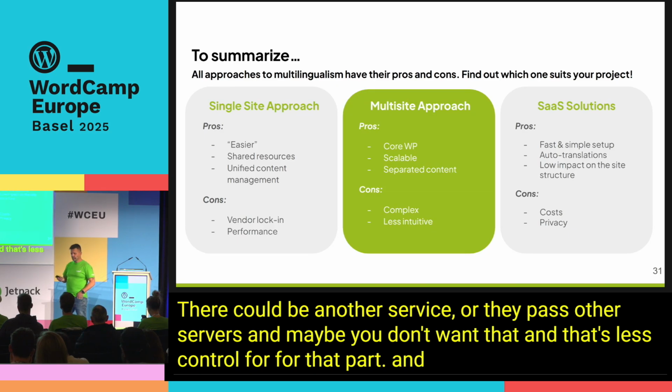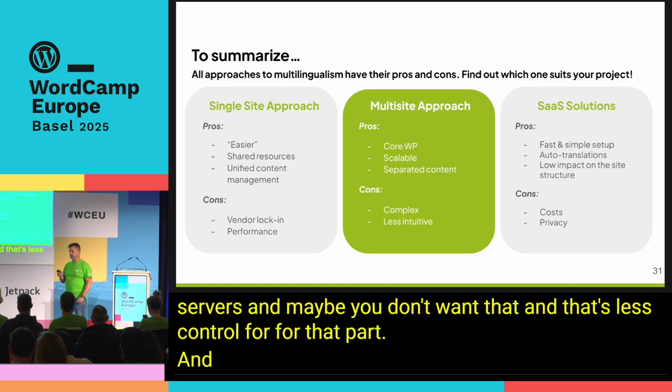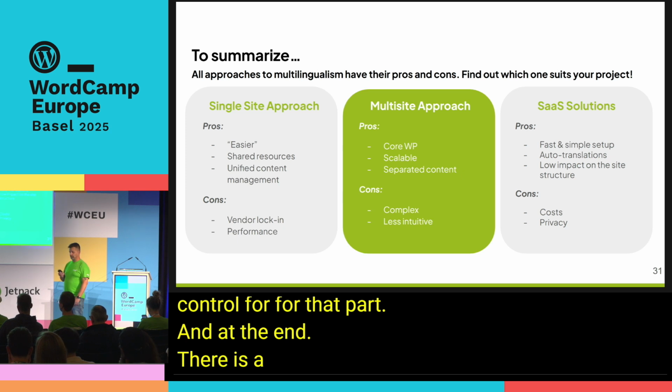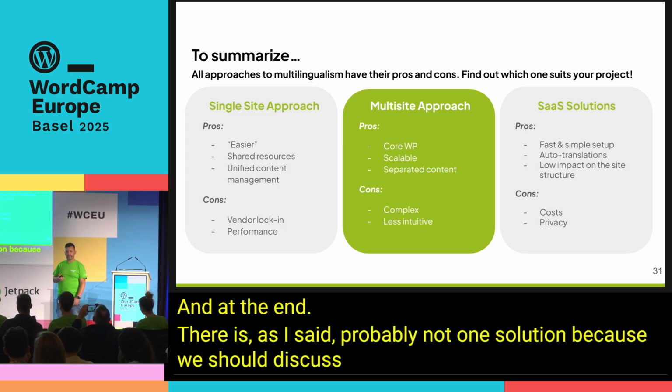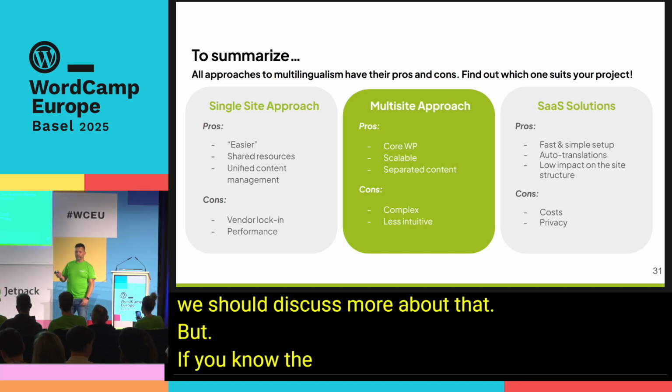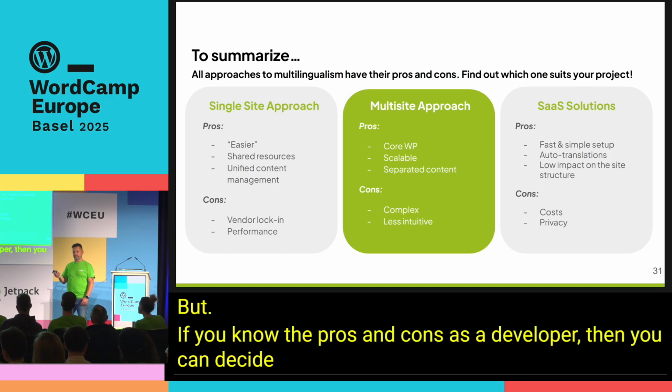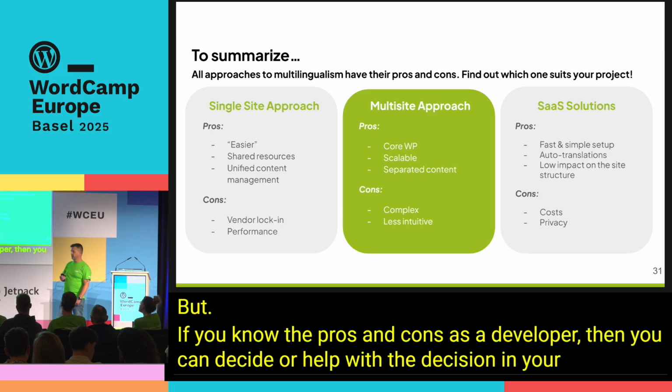And in the end, as I said, there is probably not one solution, because we should discuss more about that. But if you know the pros and cons as a developer, then you can decide or help with the decision in your team on what to use.